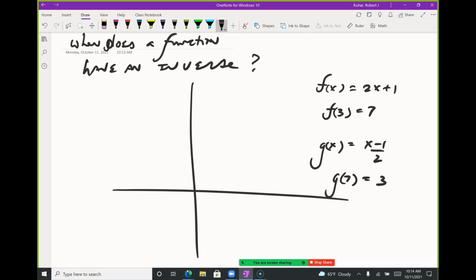So what happens to my domain and range? What's happening to my domain and range when I'm looking at inverse functions? Are they also inverted? Yes, exactly, they switch.